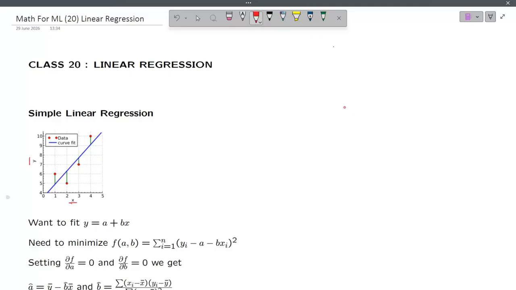So it's a bivariate data, x comma y, and y is our target variable.